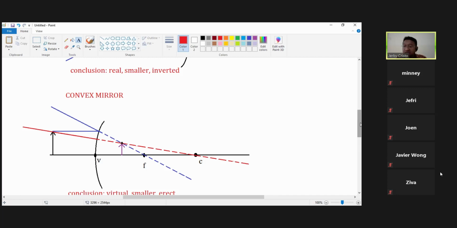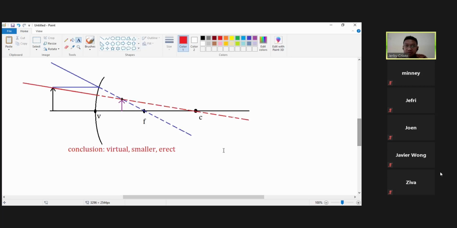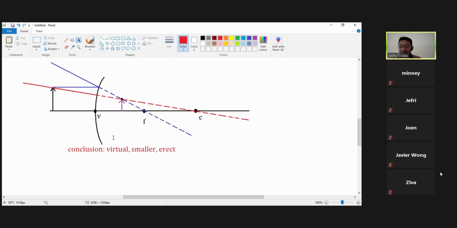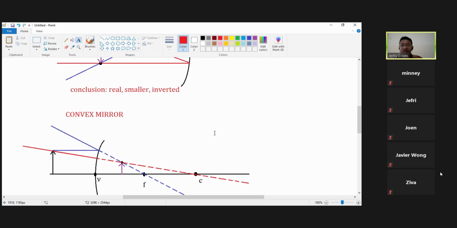Now I will be posting an activity on your Google Classroom. So you will be doing it as an assignment. We will not be doing it next meeting anymore because we have to rush our lesson so that we can proceed to the calculations involving mirrors by next meeting. Once you receive your activity later after your classes, you may start doing it.